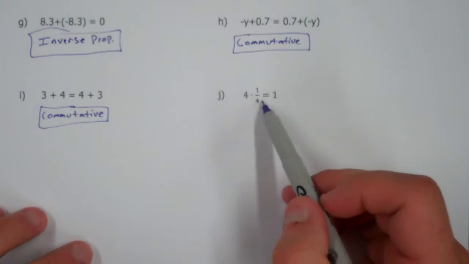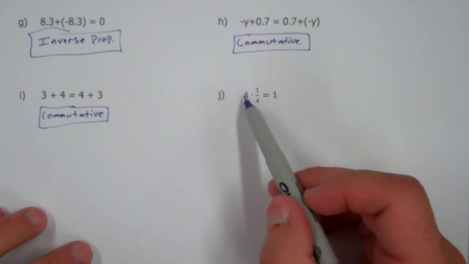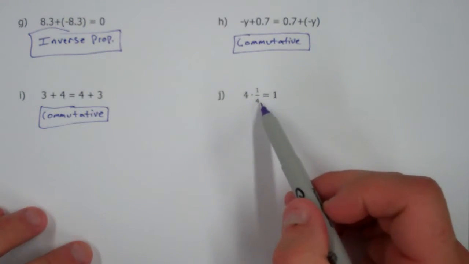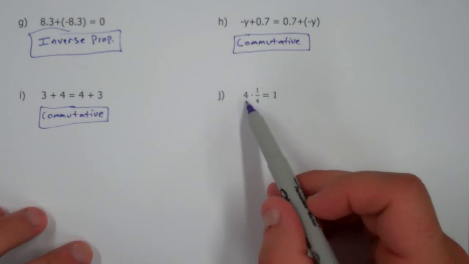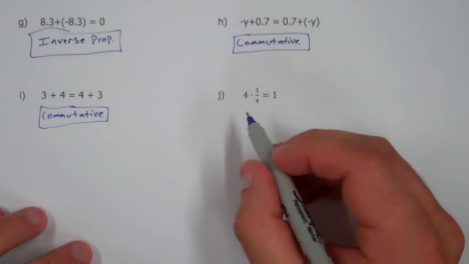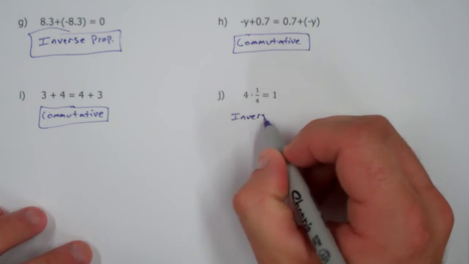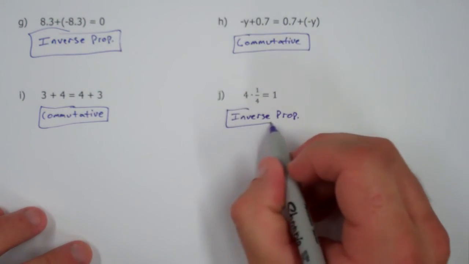And so this operation here is an undoing operation. That works with any number. So if you have 8, you could do 8 times 1 over 8, and that would get you right back to 1. So this one is going to be the inverse property. I think we saw that before, but with addition and subtraction.